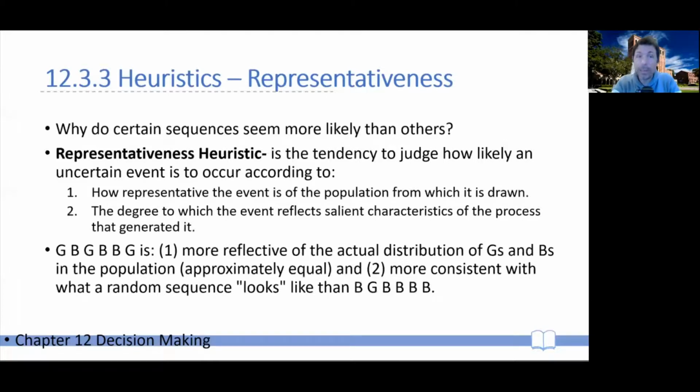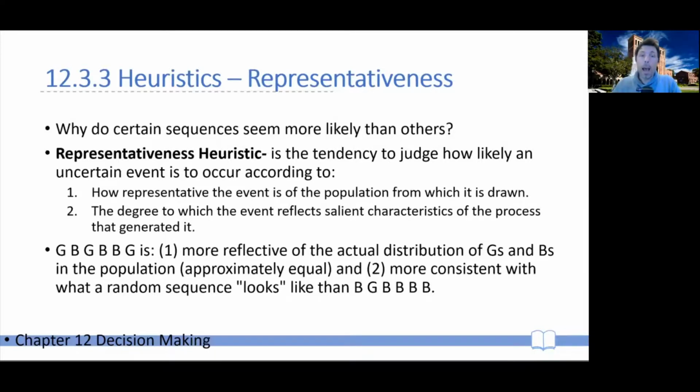Let me make this more concrete. According to the representativeness heuristic, we find the first sequence, GBGBBG, to be more likely to occur than the second one because, first, the first sequence is just more reflective of the actual distribution of G's and B's in the population, which is vaguely equal. So it makes sense that we're very likely to get a sequence within which the G's and the B's are vaguely equal.